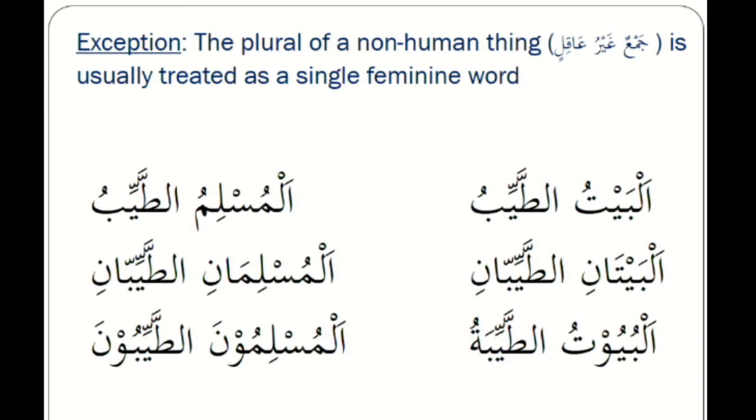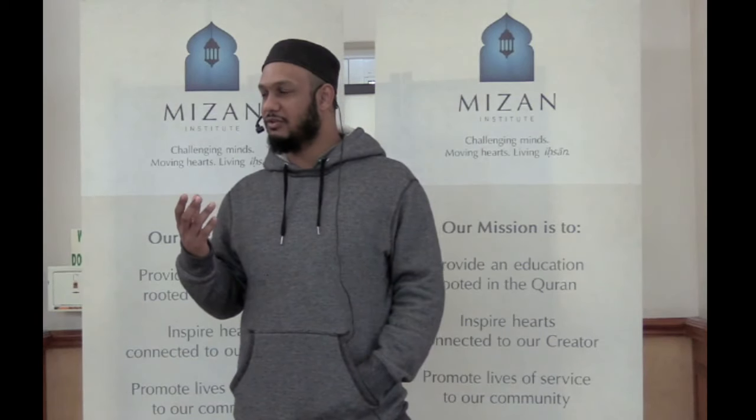In Arabic, there's a strange convention, a strange rule, that you refer to the plural of a non-human thing. Did I really lose you now? Are you with me? You get plurals of humans like Muslimuna, Salihuna, Sabiruna, Kafiruna.